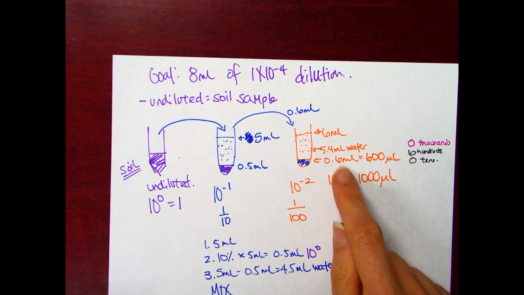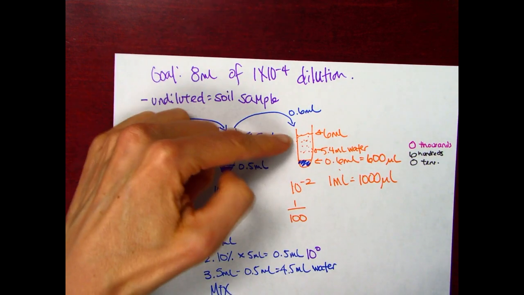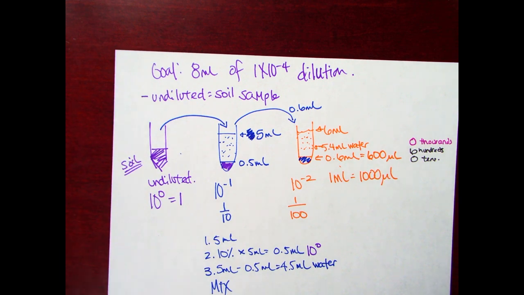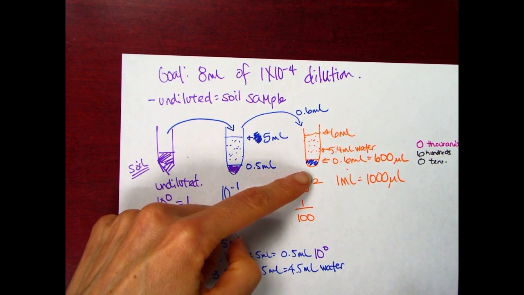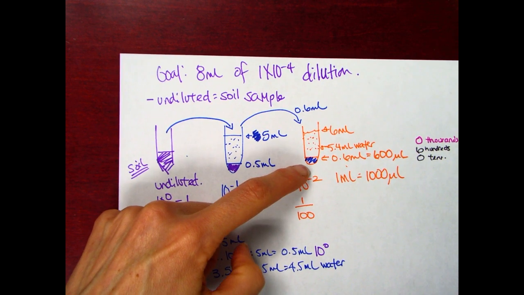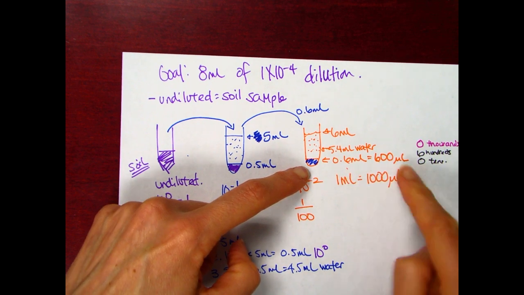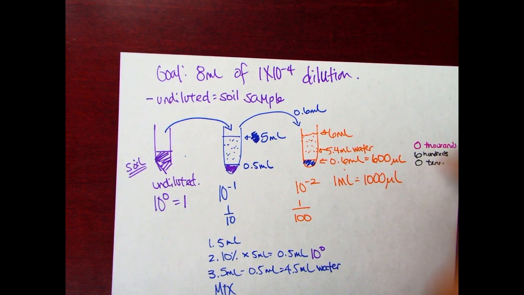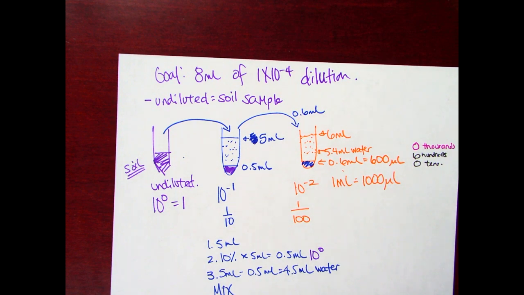So we're going to make 6 mils total, 10% of 0.6. Remember, every time we do 10% dilutions, 10% of 6 is 0.6. 0.6 mils is 600 microliters, which we will measure using the 100 to 1,000 microliter pipette. We will set the display to be 060.